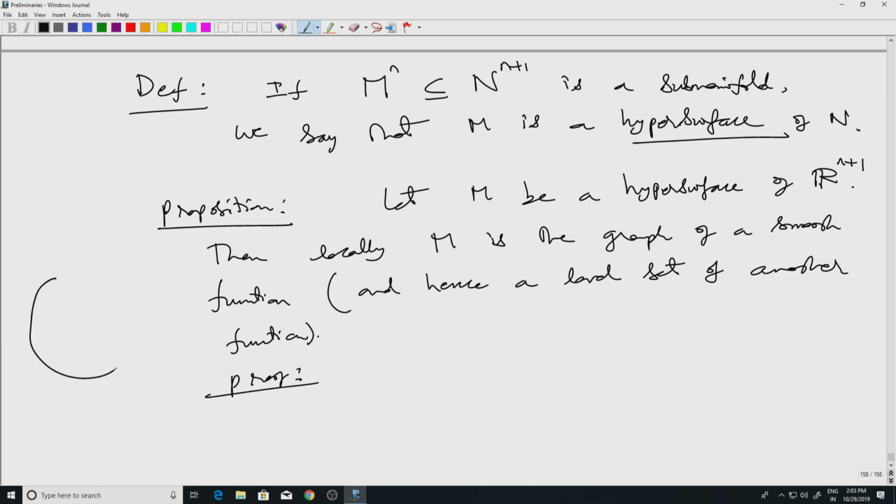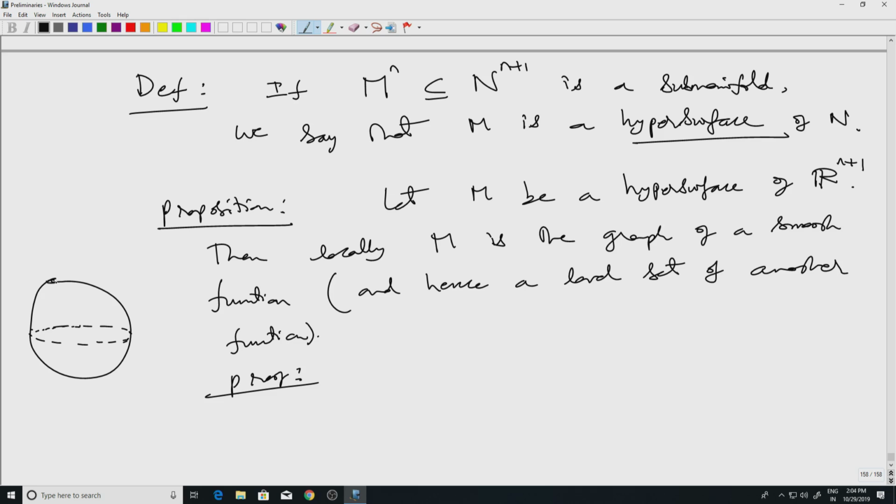When I have a sphere, I know that locally it is the graph of a smooth function.